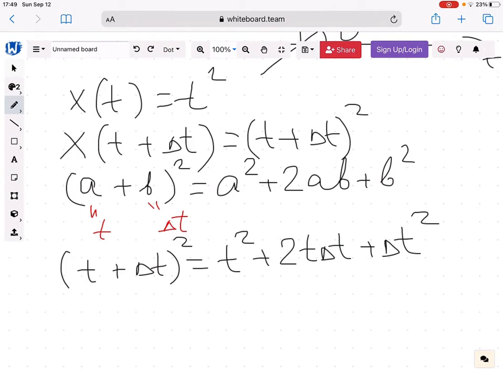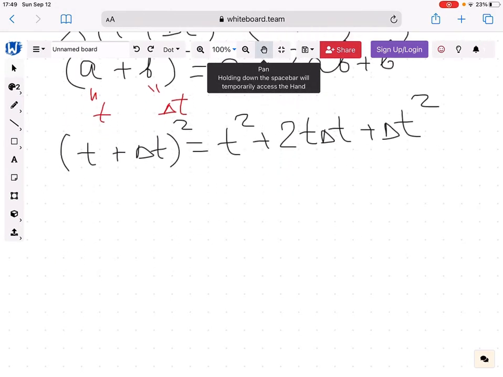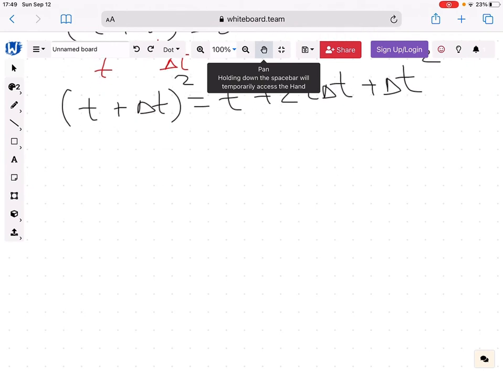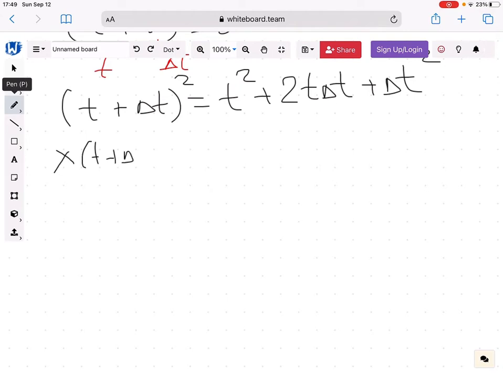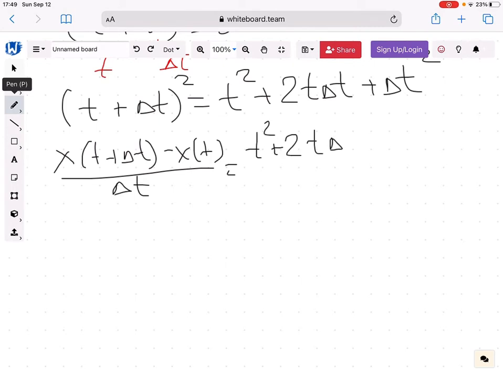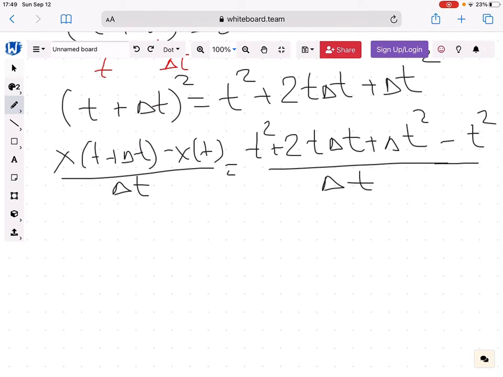So what do we do next? As before, we calculate that ratio of x of t plus delta t minus x of t divided by delta t, which is going to be t squared plus 2t delta t plus delta t squared minus t squared, divided by delta t.